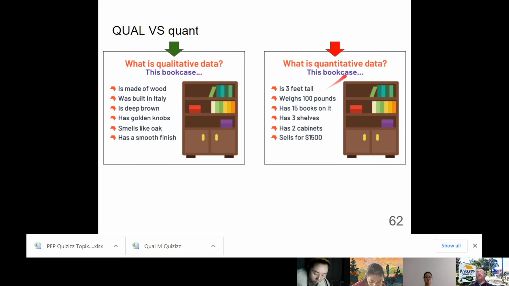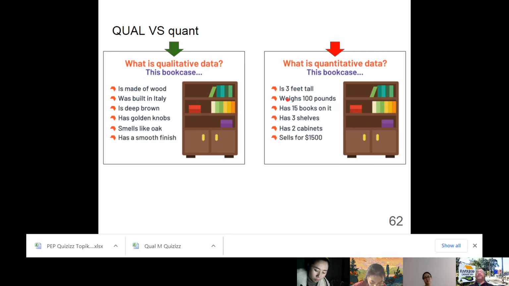What about the quantitative one? The quantitative data that you get from this bookcase is, because everything is about measurement, first, the measurement of the height. So it is 3 feet tall.